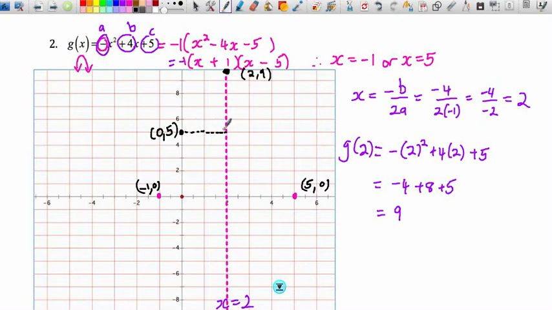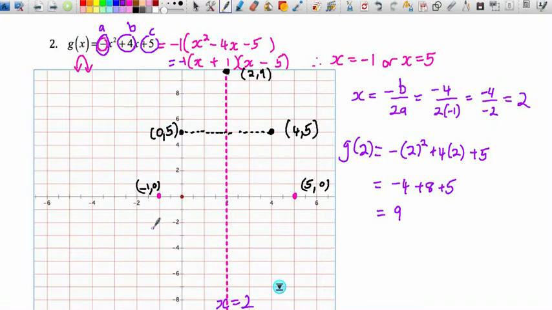I've had to move 2 blocks across to go from the y-intercept to the axis of symmetry, and so I'll go 2 blocks further to the right, and that will find me the point of symmetry. That point, of course, is 4, 5, and I now have 5 points on my parabola.